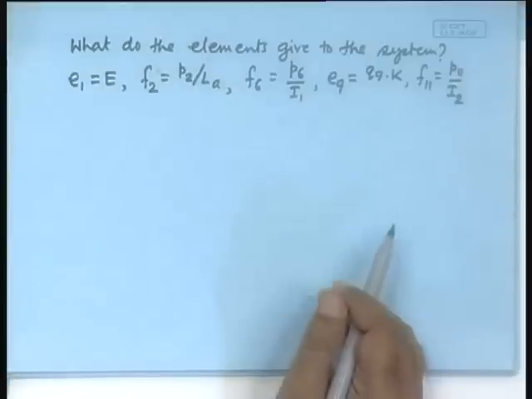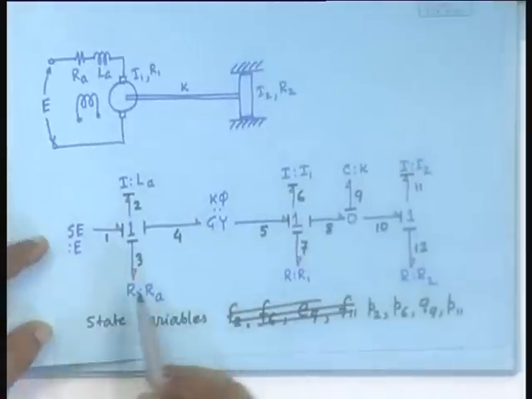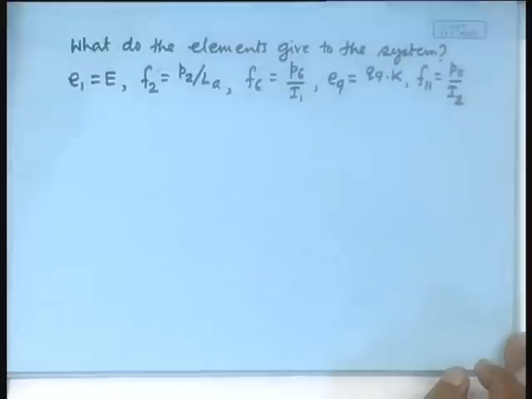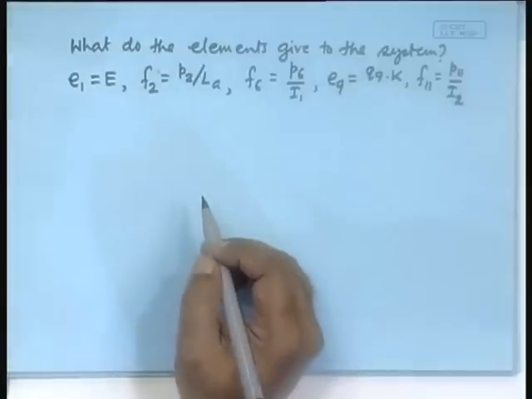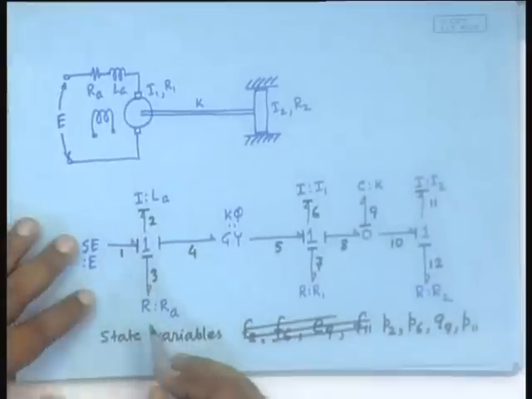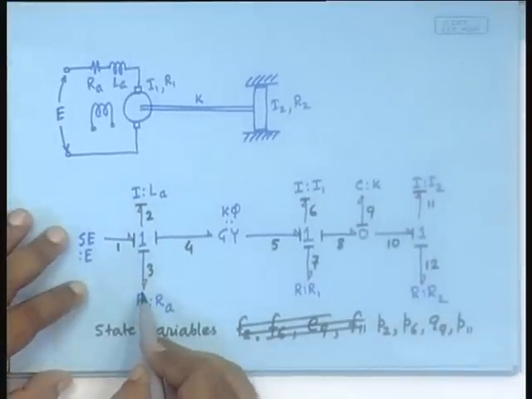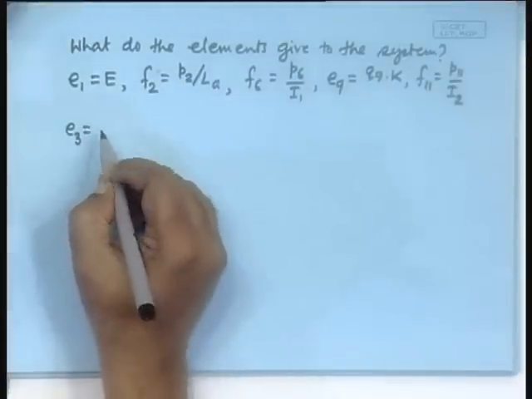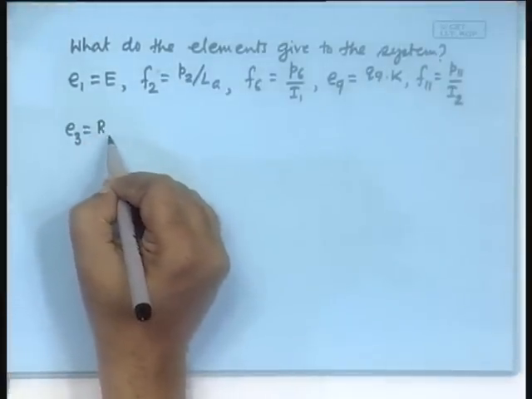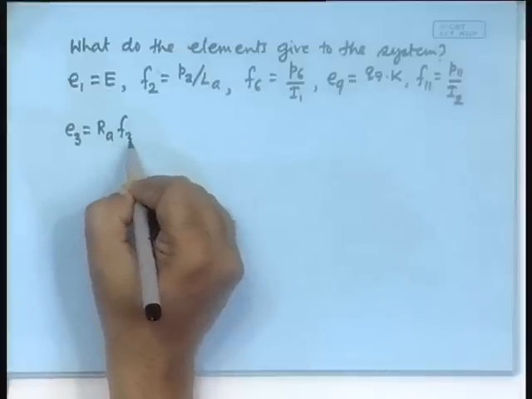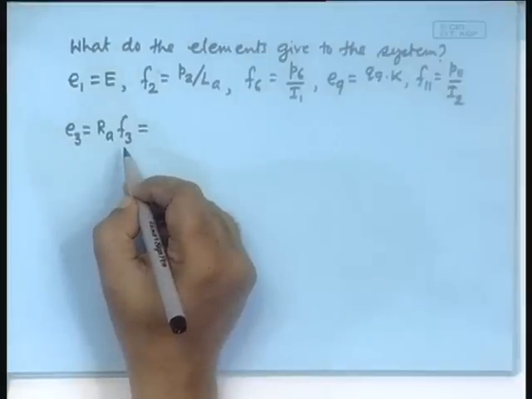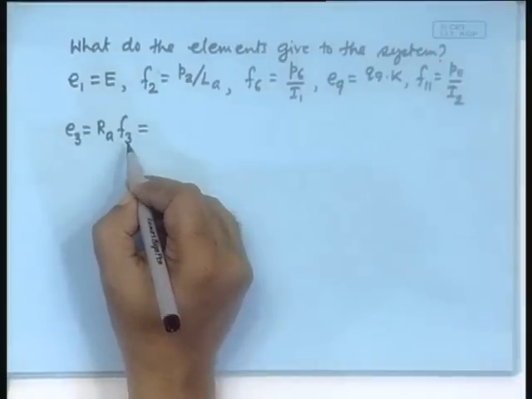These were simple, but now let us do it for the 3 resistances. First one, what does it give to the system? E3, yes. So, E3 is equal to RAF3, and now we find out where this F3 information comes from.